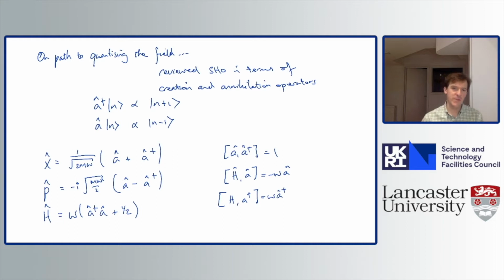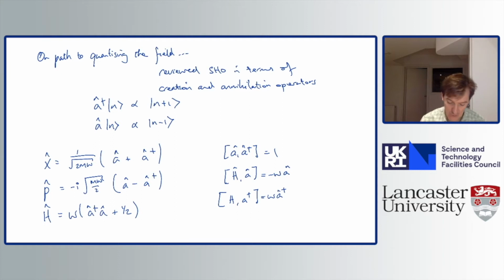Motivated by the fact that we're seeing oscillators appearing from the Klein-Gordon equation, we reviewed some of the material for how to quantize the simple harmonic oscillator in quantum mechanics. In particular, we reviewed this formalism where you use creation and annihilation operators. The creation operators are a dagger. Here we have states labeled by n, the number of particles in this state.